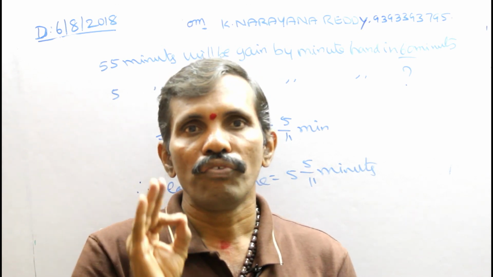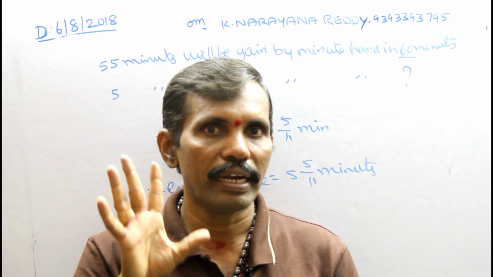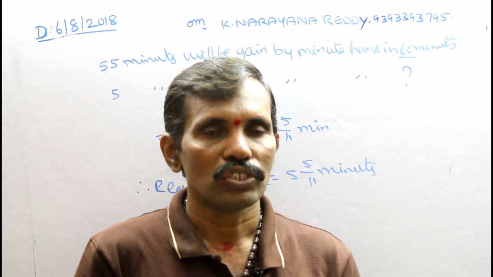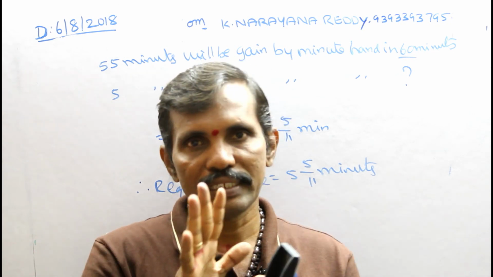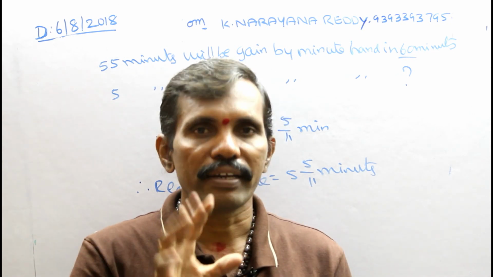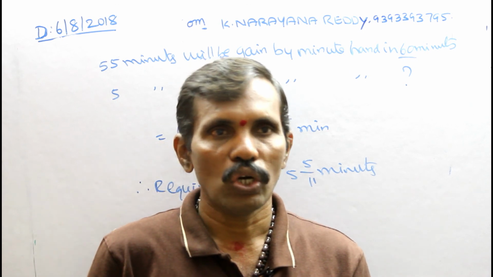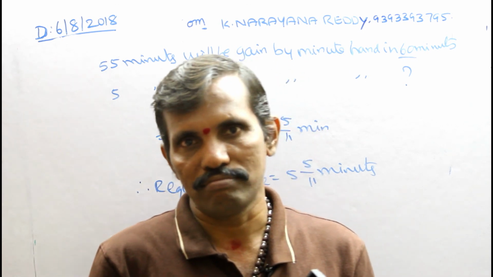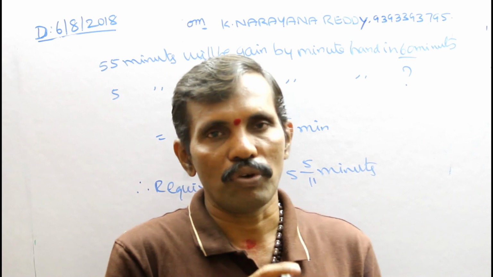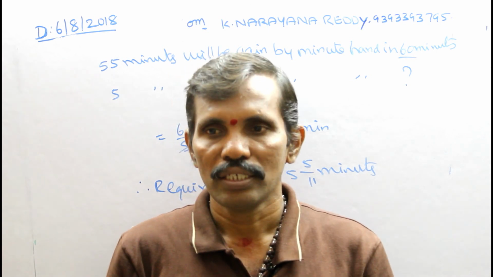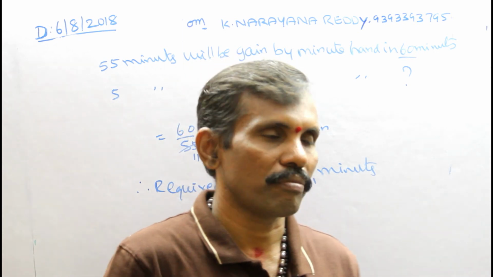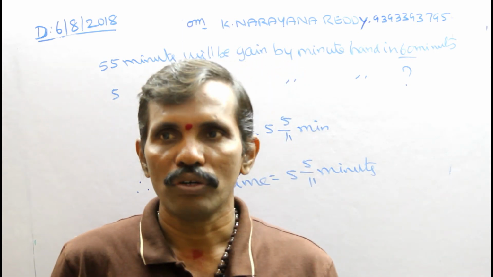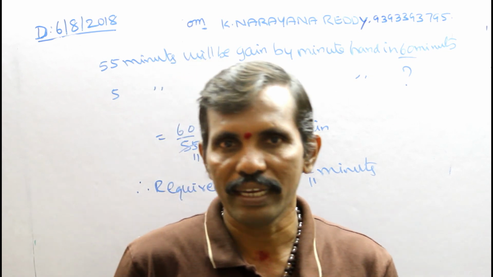And 55 minutes are gained by the minute hand in 1 hour. So those are at coincidence. One is opposite direction, that is 30 minutes space apart. And at right angle is 90 degrees. So these are the simple points about clocks. So dear friends, do the problems by practicing and know the formulas regarding clocks.